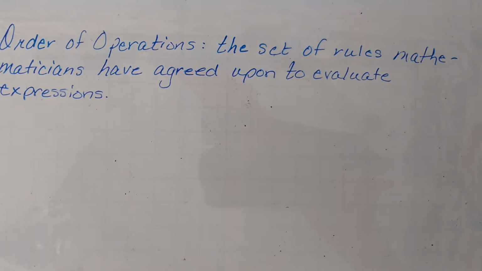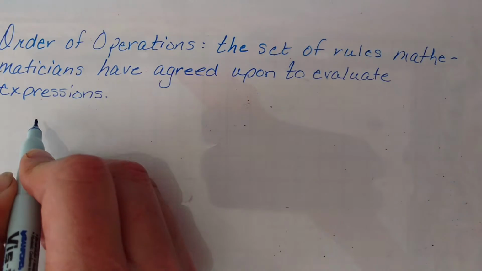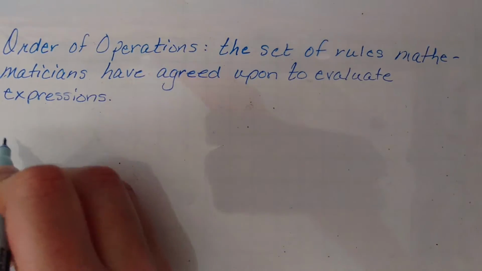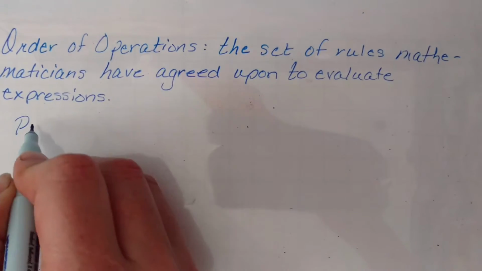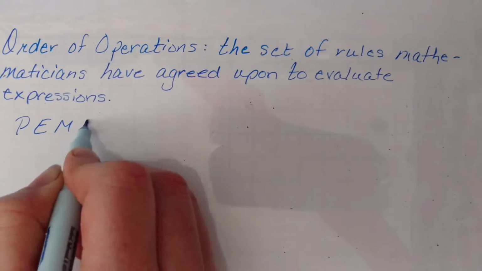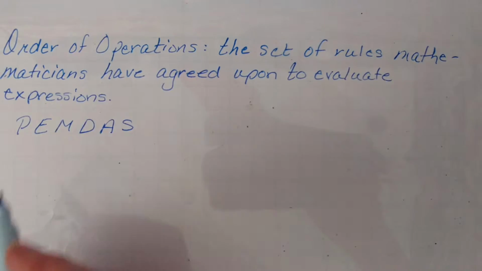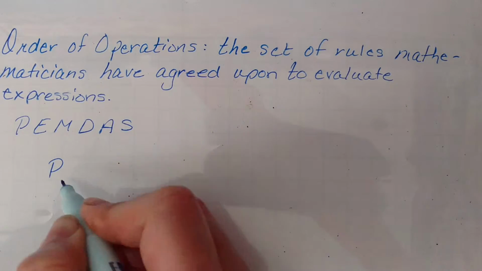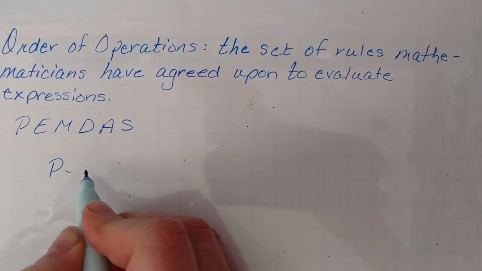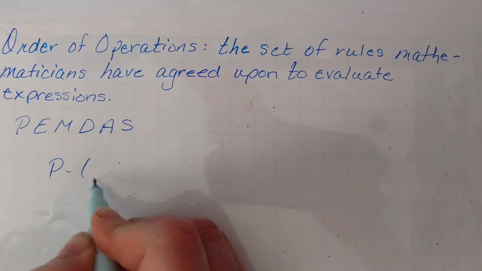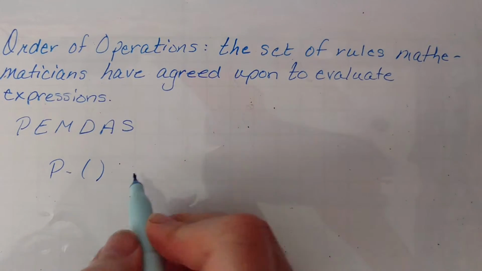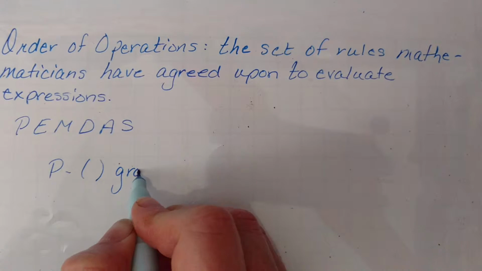So we use order of operations. For our class, we're going to use the acronym PEMDAS to help us remember the steps. The P, typically in the past we've only thought of as standing for parentheses, but it actually stands for all grouping symbols.